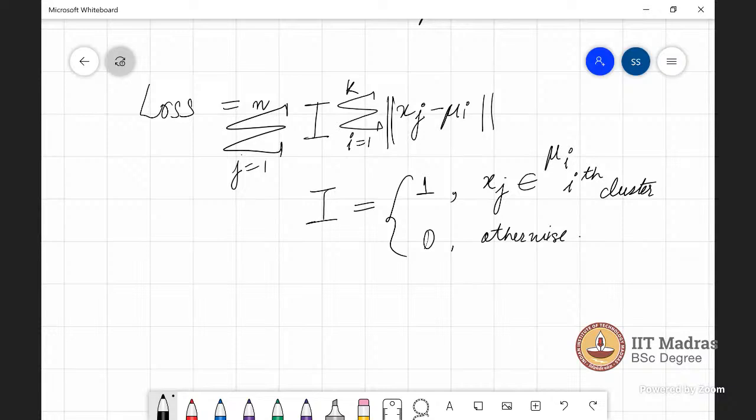So this loss function is a convex function, right? Is it a convex function? I can't say. The first thing is that it is not continuous, and negative values of k are not possible.